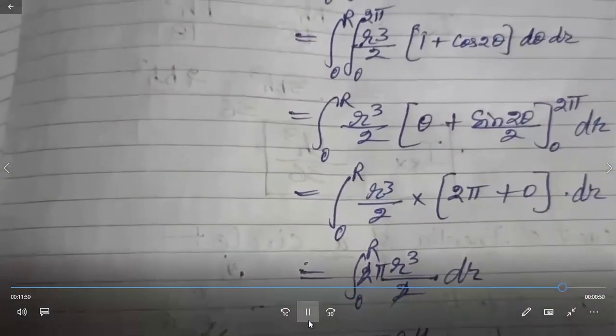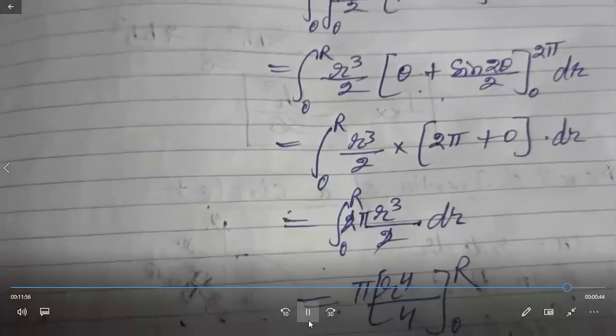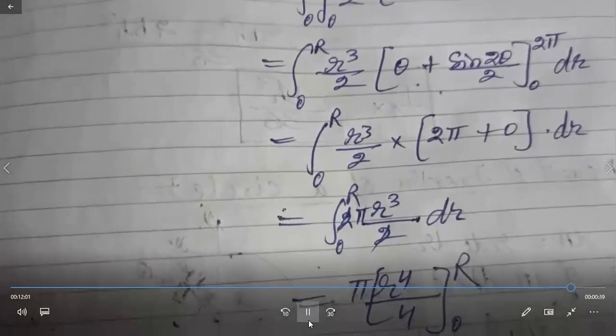So this 2 cancels out, and pi r to the power 4 upon 4, and the limit is 0 to capital R. So this will give you pi r to the power 4 upon 4.